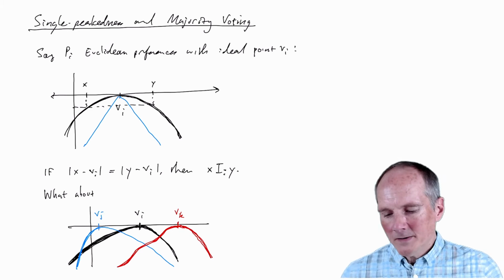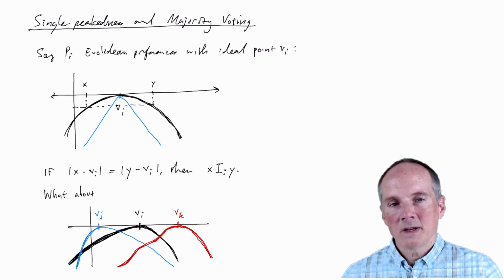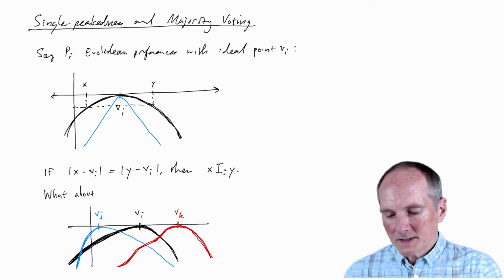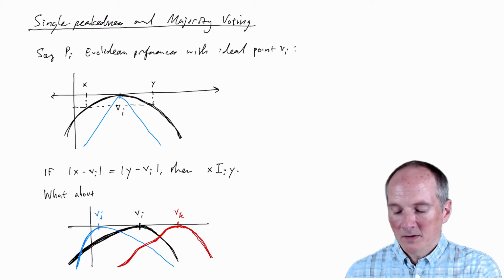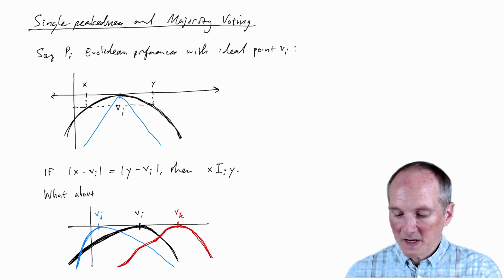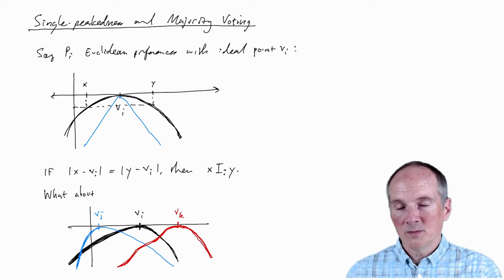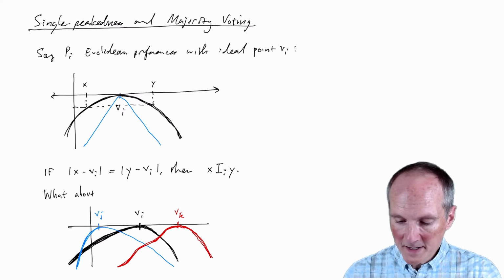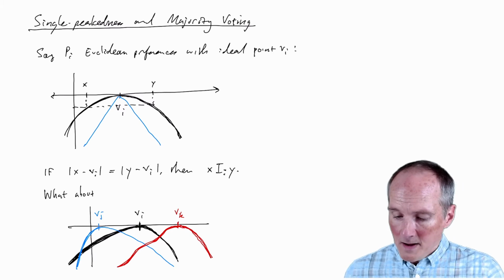Anyway, what I'm getting at is a bigger family of preferences. They're not Euclidean, but still there are some aspects of Euclidean preferences that these have, right? Each voter has an ideal point. There's one policy or one alternative that's preferred to any other, right? For voter i, it's this point right here.